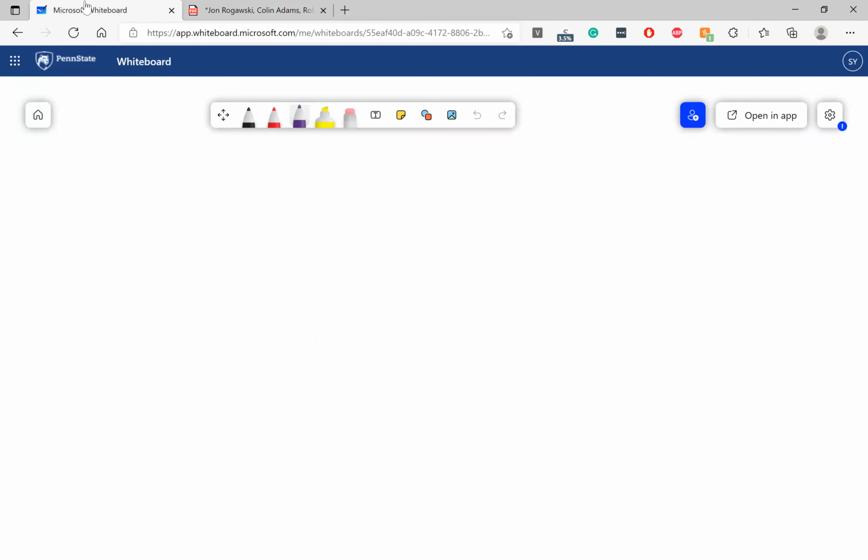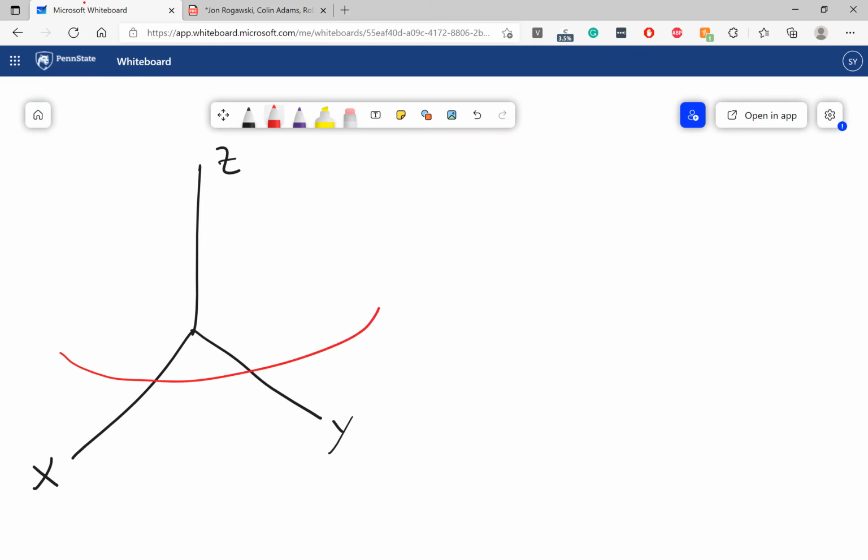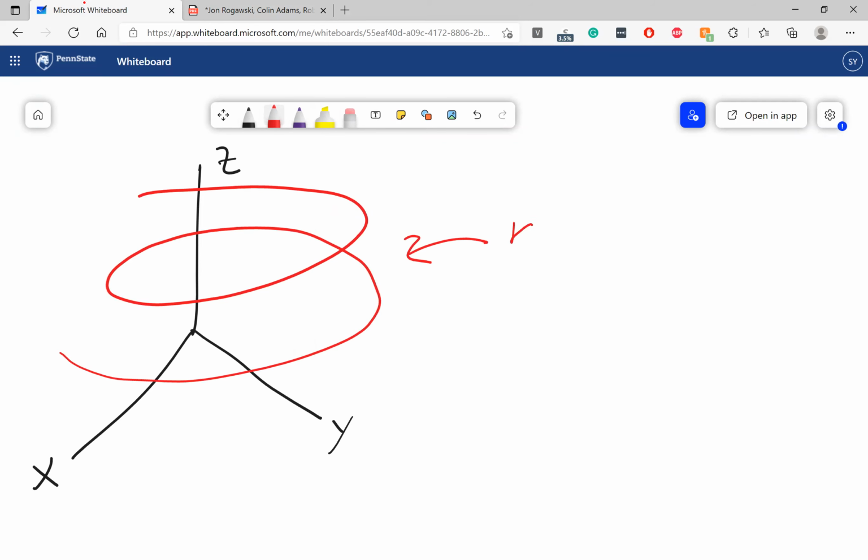So again, a good picture for this is you are in 3 dimensions, x, y, and z. And you have some curve. So let's say this is your curve. And this curve is given in the form r of t is equal to x of t, y of t, and z of t.